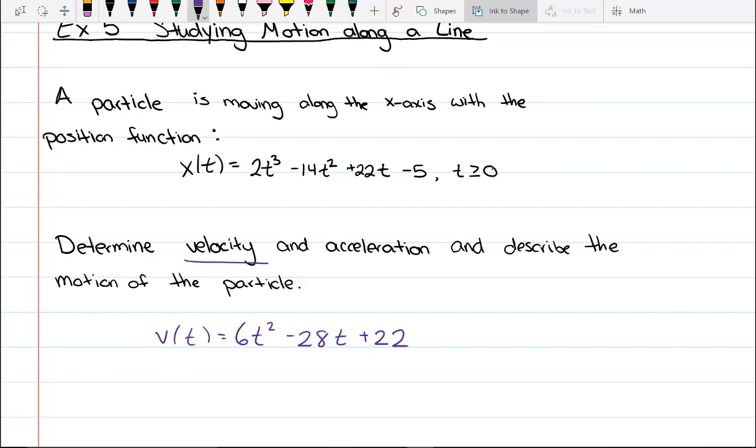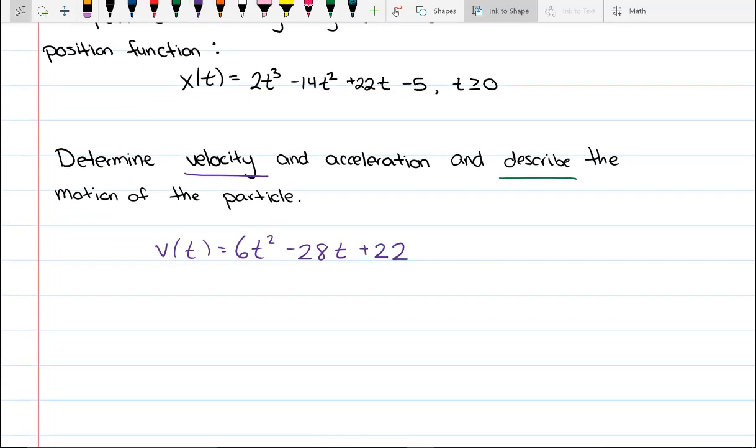Now, in preparation for describing the particle, I'm going to figure out where the velocity is going to equal 0 so we can determine when it's moving forward and when it's moving backwards. So we set this equal to 0, and you get 6t squared minus 28t plus 22.